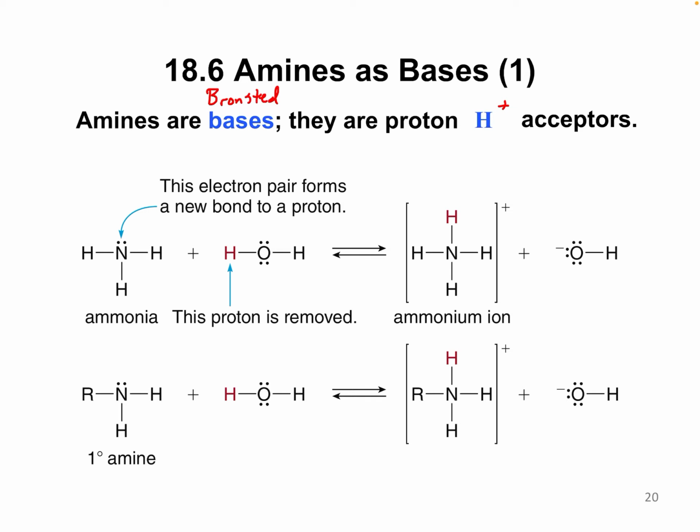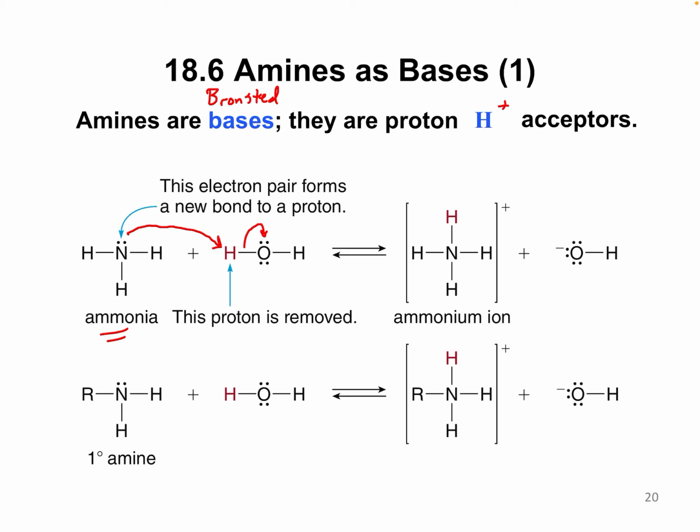So here we can see the reaction between ammonia, which has that same kind of nitrogen that primary and secondary amines do, and water. And in that case, what happens is ammonia is using its pair of electrons to form a new bond to the hydrogen of water.